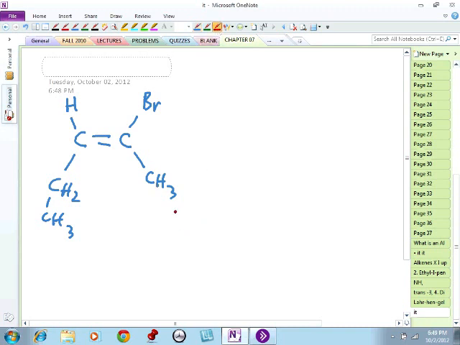Where do you start the number? Okay, this is carbon 1, 2, 3, 4, and 5, right? Okay, good. So now how do we name this? Okay, let us do priority. This is A, focusing on this carbon here. This is A, and this is B, right? Now on this carbon here, this is A, and this is B. Okay, so what would this be? E, exactly. So this becomes E.